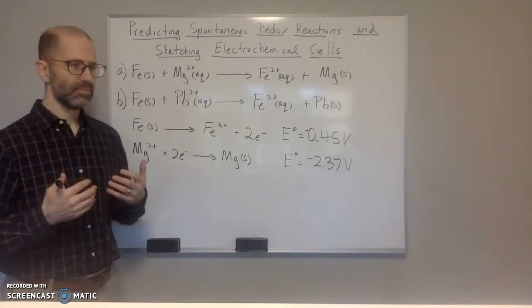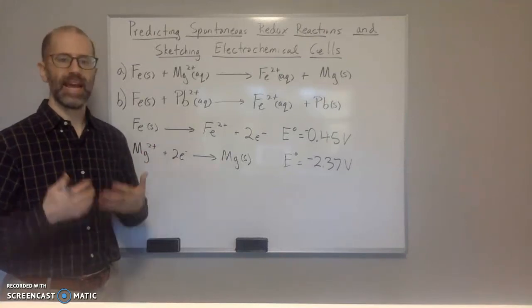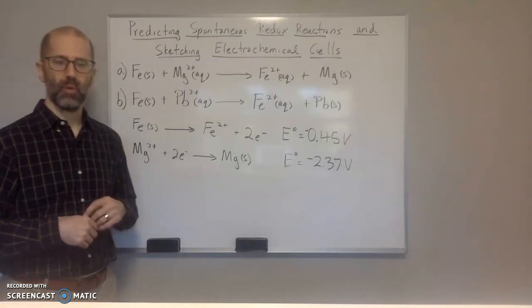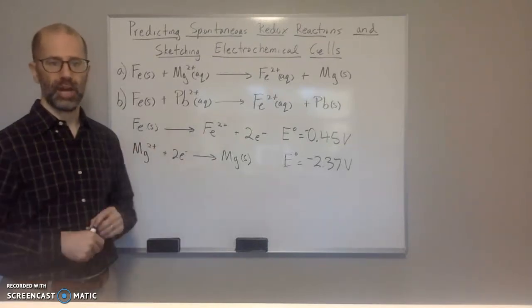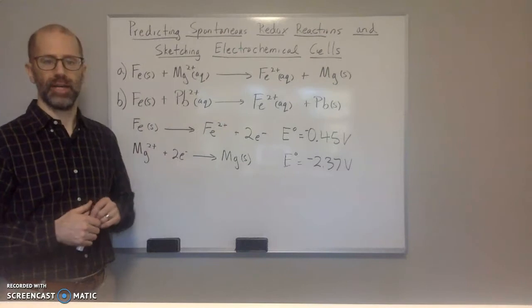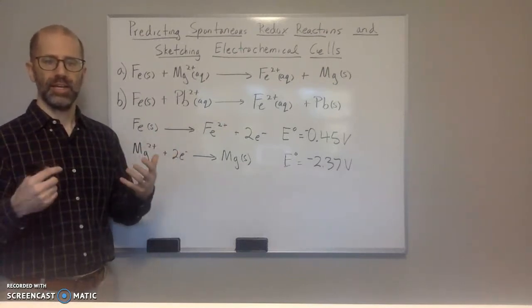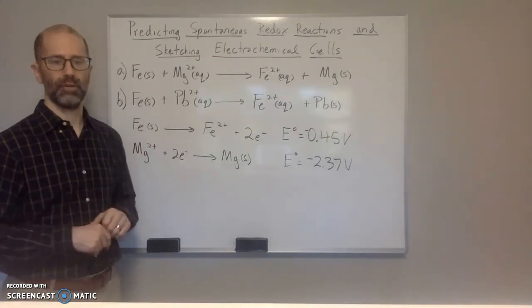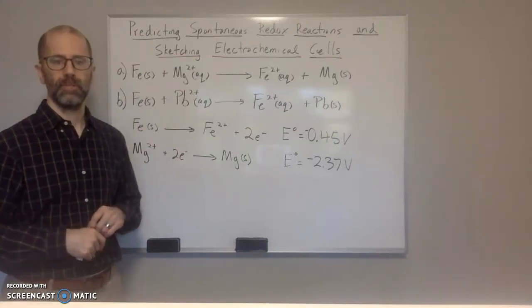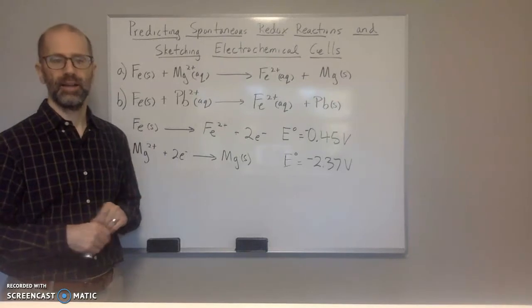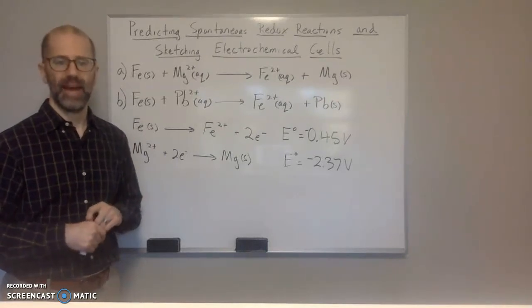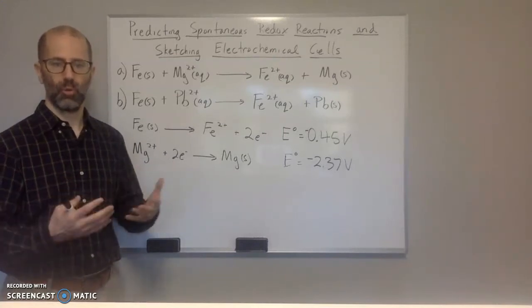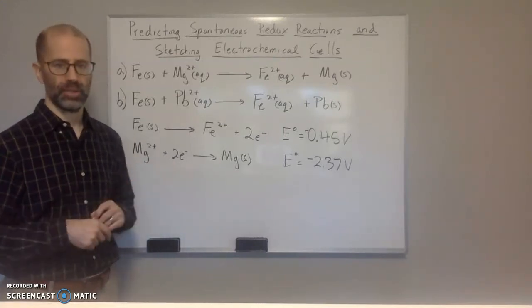The more negative the electrode potential, the more likely it's going to repel electrons, because electrons are negative, right? Negatives repel each other, like charges repel each other. So the more negative your electrode potential for reduction, the less likely that electrode will attract electrons. So the electrons are not going to go towards that electrode, they're going to go away from it.